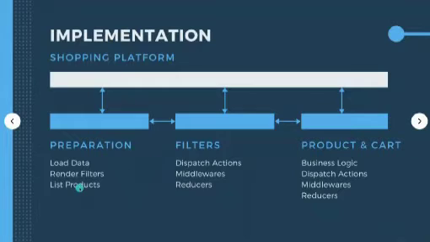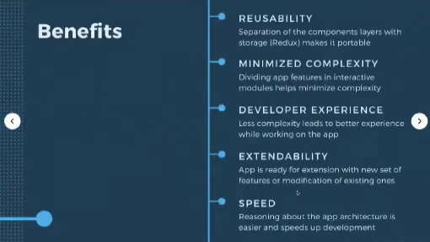Similarly, all the products related information was extracted from the data and passed directly to the products module. And then basically they were dispatching their own actions. All the business logic was handled in the middleware, and all the state was living inside the reducers. Okay.